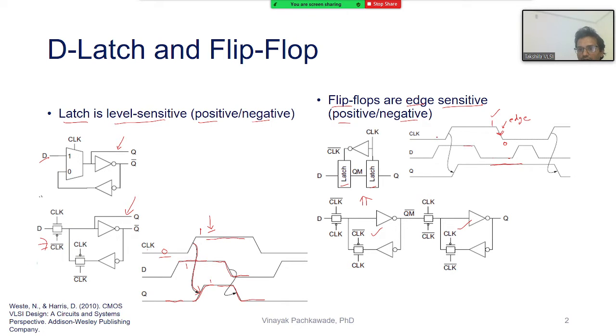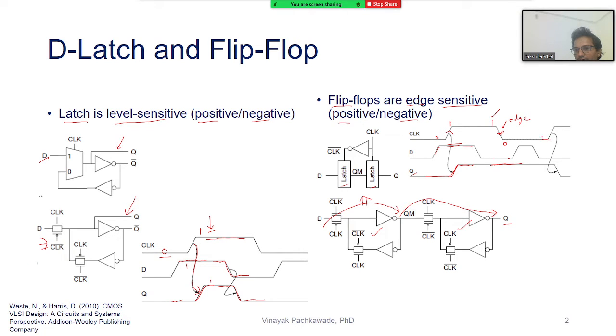But as soon as the clock makes the transition at the positive edge of the clock, if the D at that time is at level 1, Q will also start to go to level 1. Why? Because D is now getting to the master output, and the value of the master output goes to Q. So D is 1 at the previous clock, so Q is also becoming 1 here.